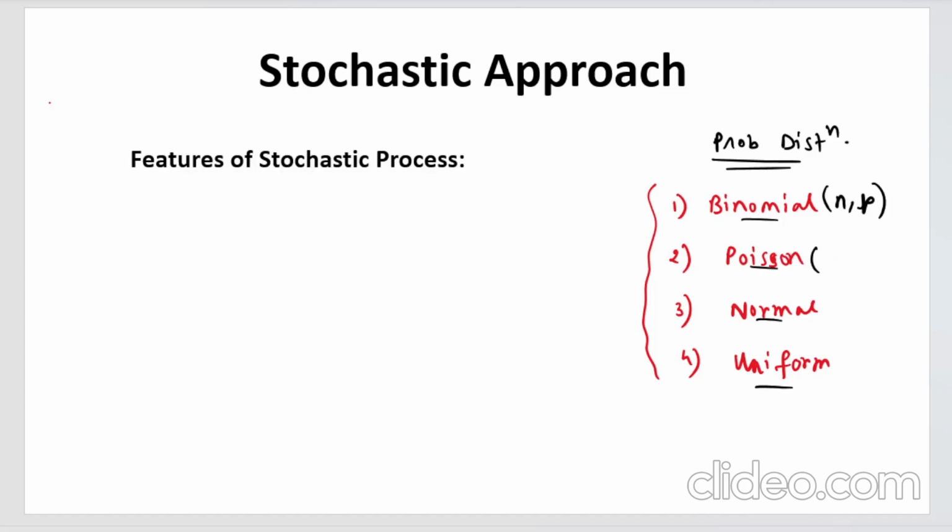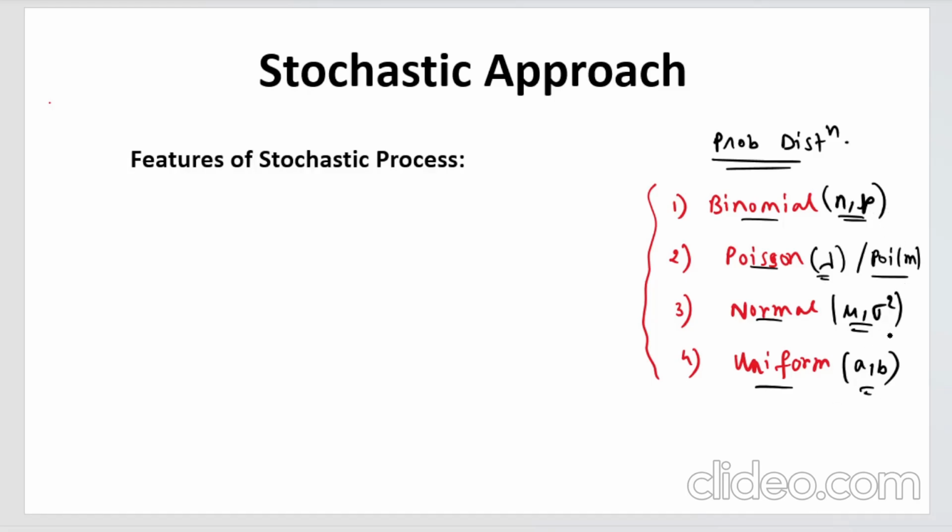In Poisson, you have only one parameter, say lambda, or sometimes you write it as m, so m or lambda, whatever you want to call it. In the normal, you have two parameters, mu and sigma square, and in the uniform, you also have two parameters, say a and b. So once you know the parameters, what is the importance of these parameters?